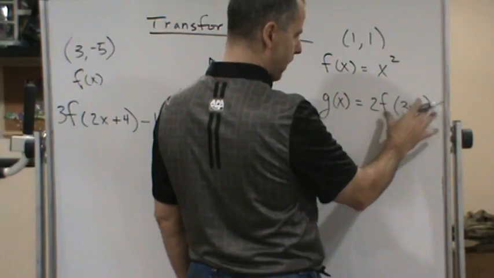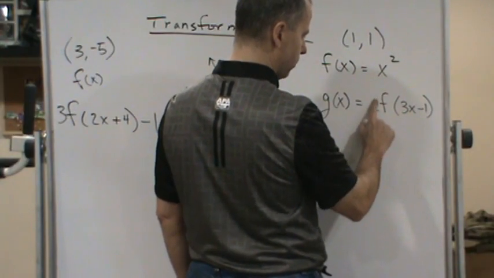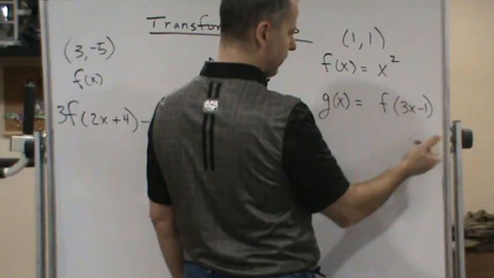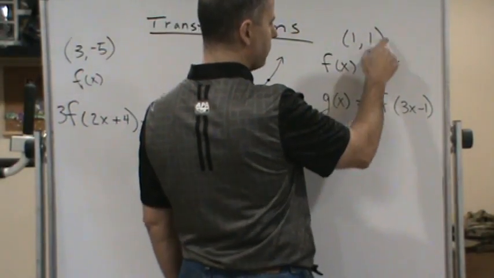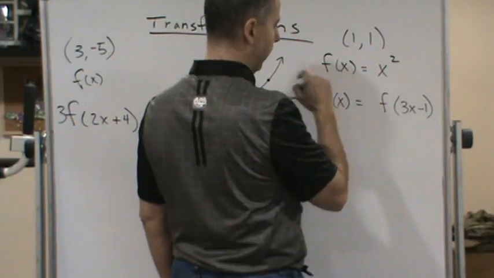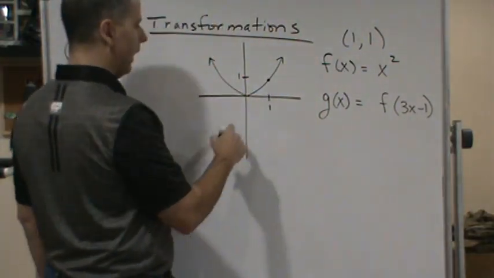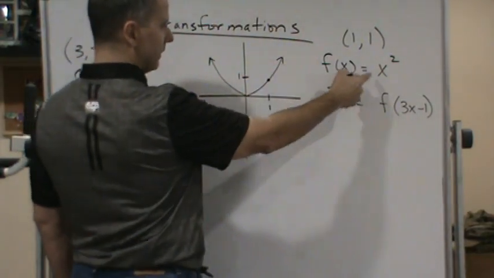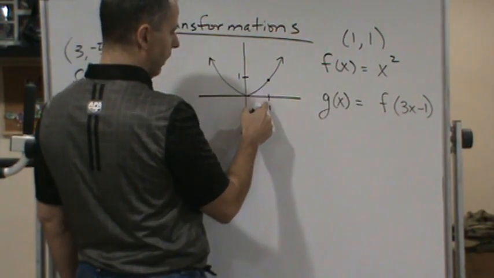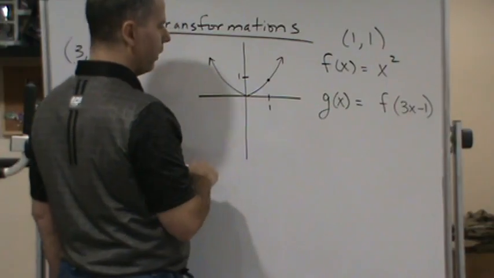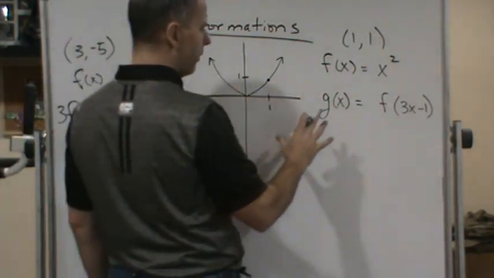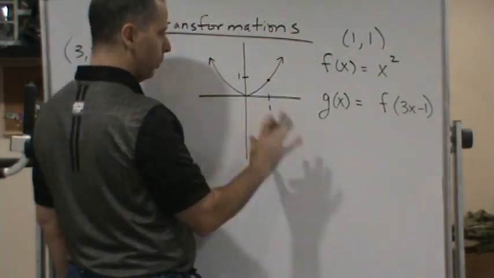That's where students mess up. So let's forget about the 2, let's get rid of that, and let's just make it this. And let's say we want to know, how does the transformation affect this point? Well, we know on the parabola for f of x equals x squared, the point 1, 1 is right here. So we want to know, where does the point move to?